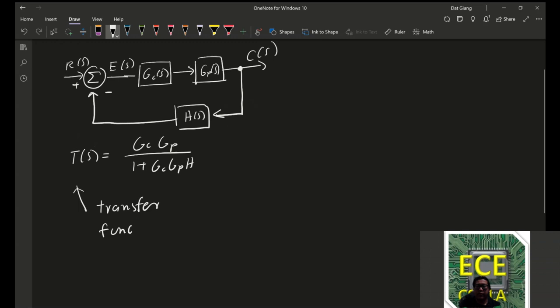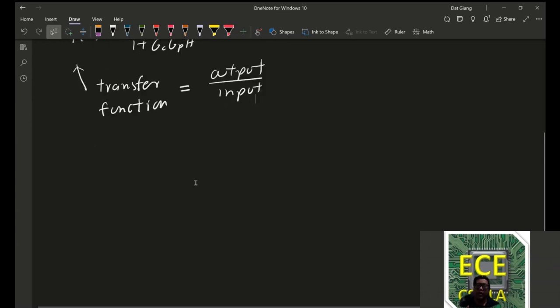It is the way to relate an input to an output. And actually, by definition, this is equal to the total output divided by the total input of a system.